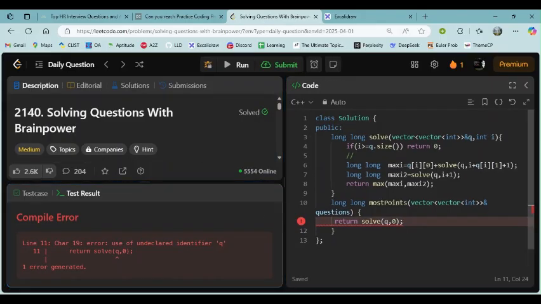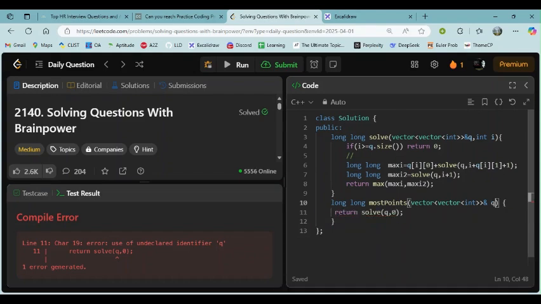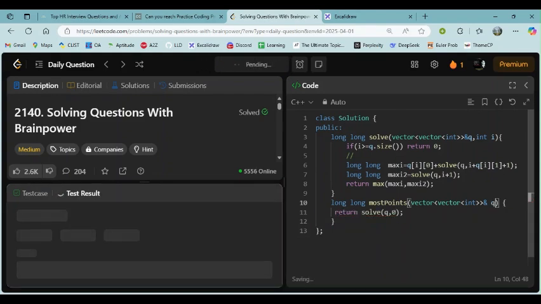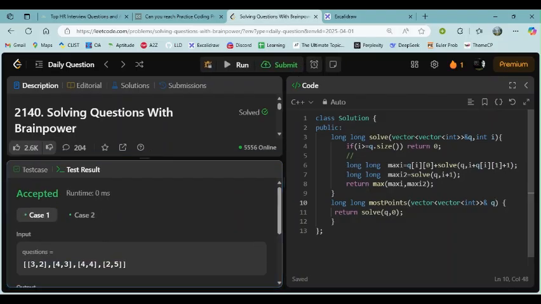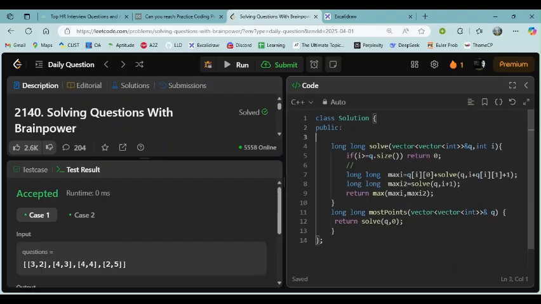Okay, let's try to run it. Yeah, our solution is running for all the test cases. Since it's a DP problem, you have to use memoization, and for memoization I am using a vector dp. That will be long type, because we have to return a long.